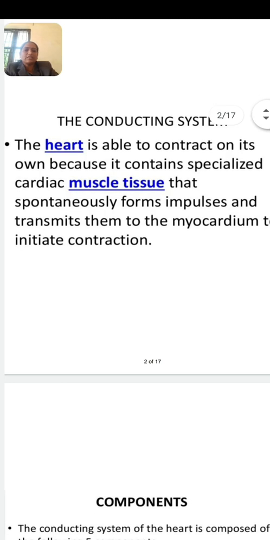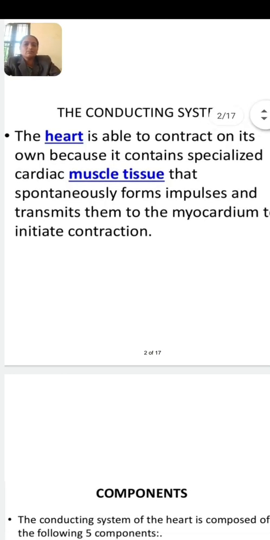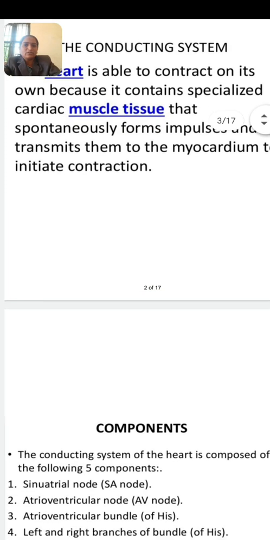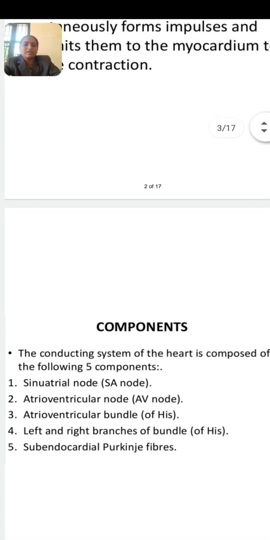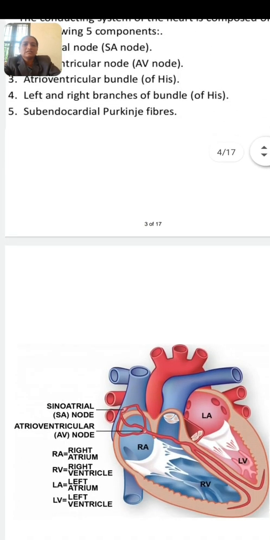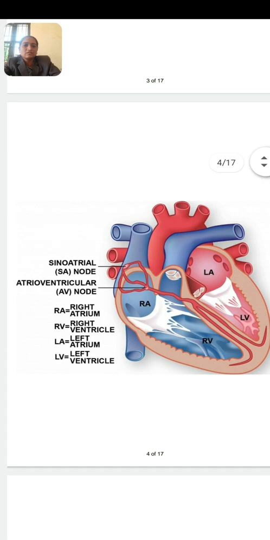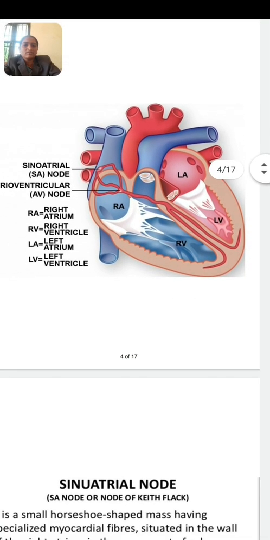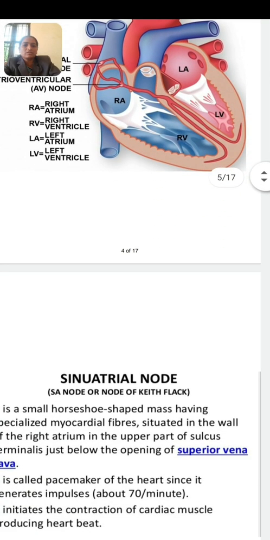It has specialized tissue made up of myocardium. You are familiar with this: cardiac muscles are myogenic in nature. This is the list of components, and this diagram gives the location of the components.